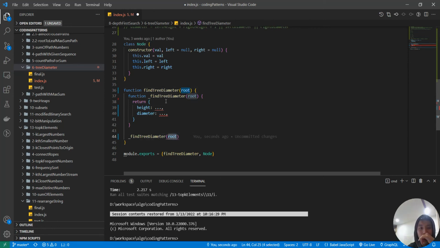I pass the root from outside to this function, and the return here is actually this object. So what I need here is the diameter only.